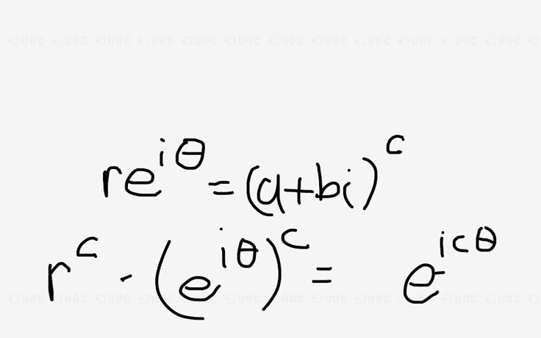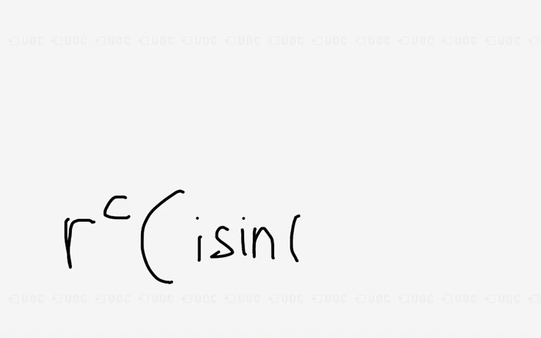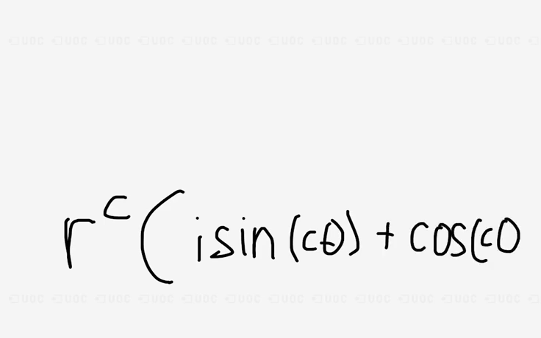You just multiply it, obviously multiplied by r to the c. Now this e to the i c theta, you can expand out as r to the c times (cosine of c theta plus i sine of c theta). So this is (a+bi) to the c.